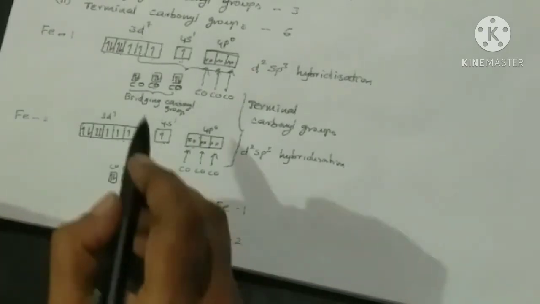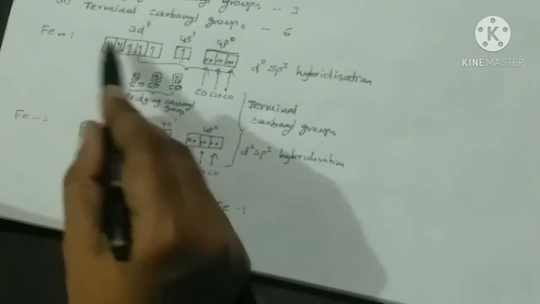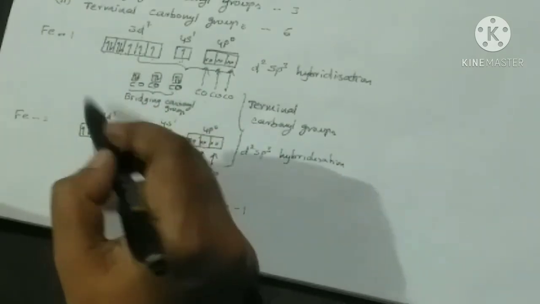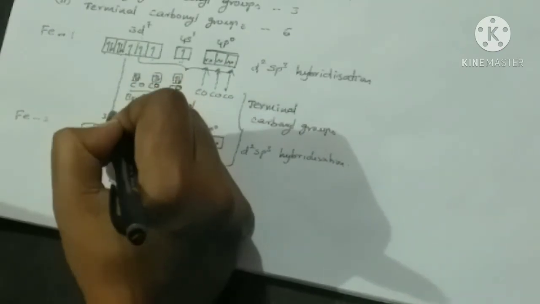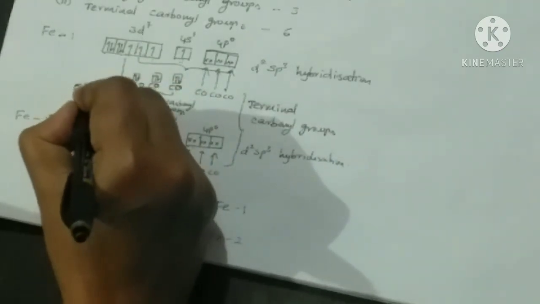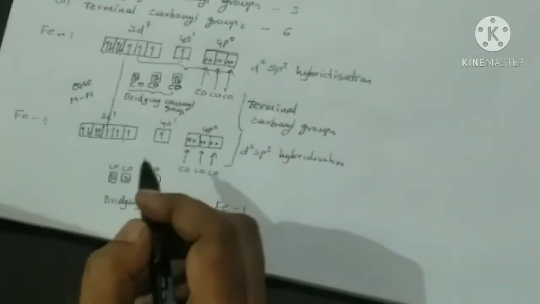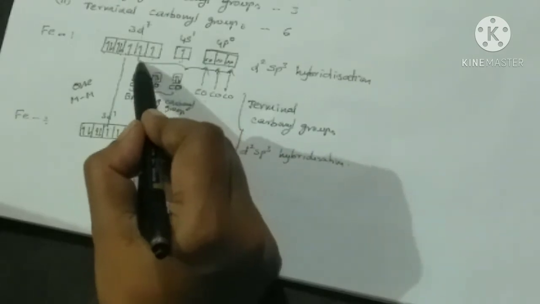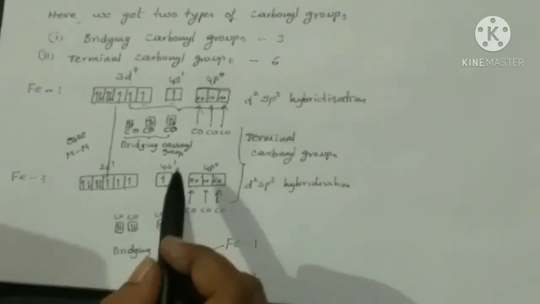Okay, and the other electron left in Fe1 and Fe2, they both get paired up and form one metal-metal bond between Fe1 and Fe2. Understand? So here the 2 d2sp3 hybrid orbitals got paired up.